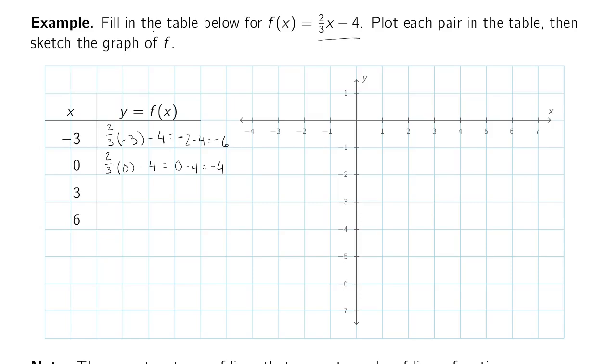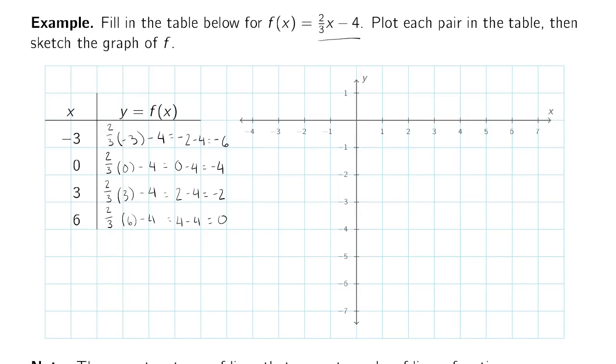When x is 3, we'll have 2/3 times 3 minus 4, is 2 minus 4, is -2. When x is 6, we'll have 2/3 times 6 minus 4. That's 4 minus 4 is 0.